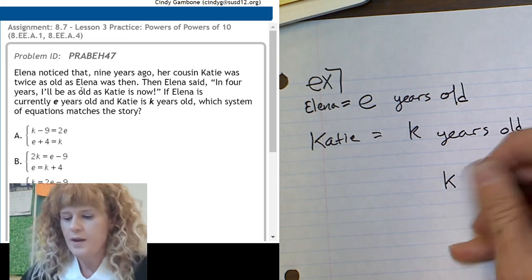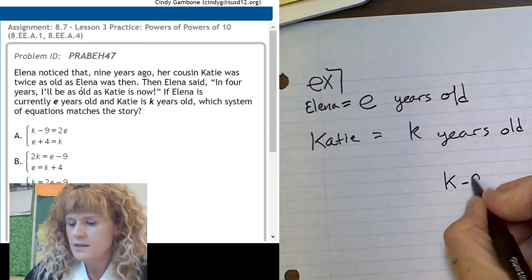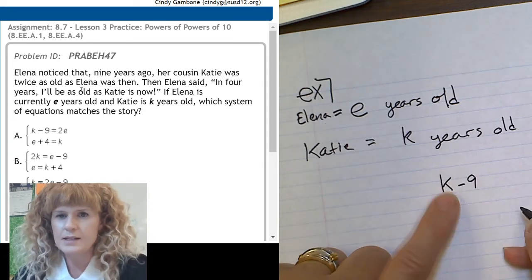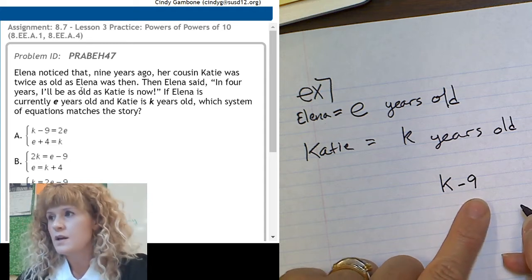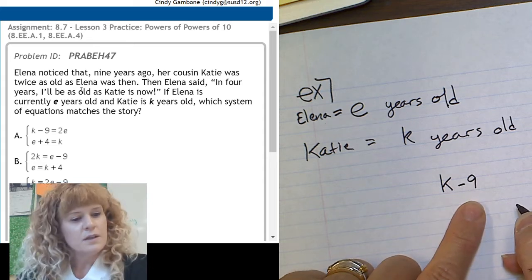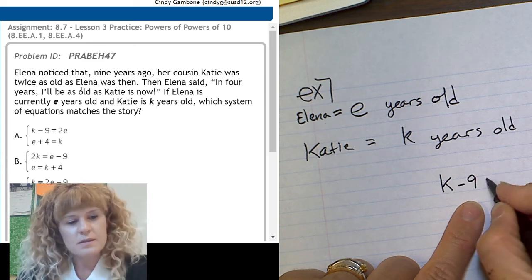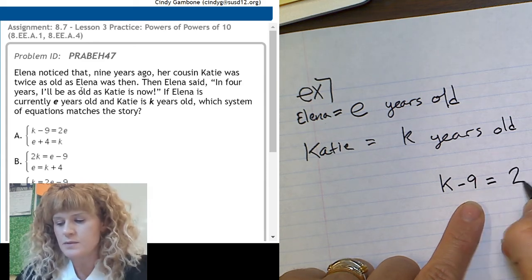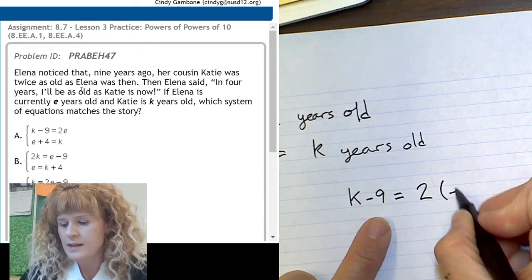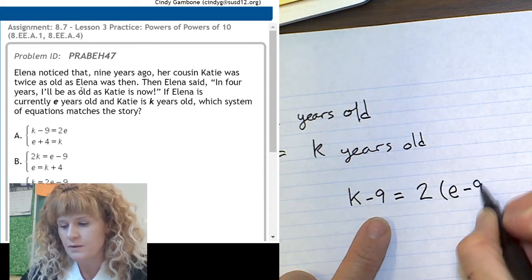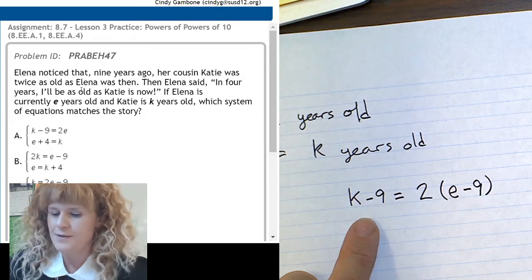I remember now. Okay, so Katie, 9 years ago. This is Katie's age now, but 9 years ago, so that's K minus 9. 9 years ago, Katie's age was equal to 2 times Elena's age. Well, that's Elena's age, but 9 years ago. Look at this equation. Isn't that confusing?